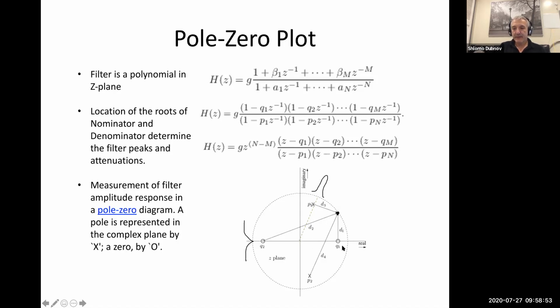Okay, forget about the zeros right now, but the peak is inversely proportional to the distance between P and this Z, which is that frequency. So if at a specific frequency we put Z here, that's our Z, and we look at Z minus P, which is this little interval here.